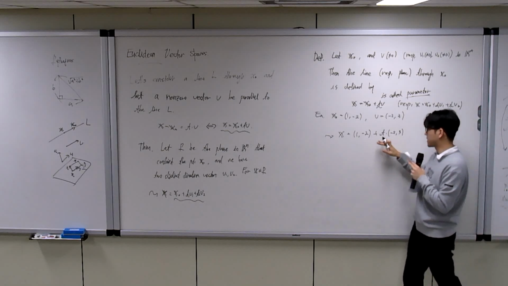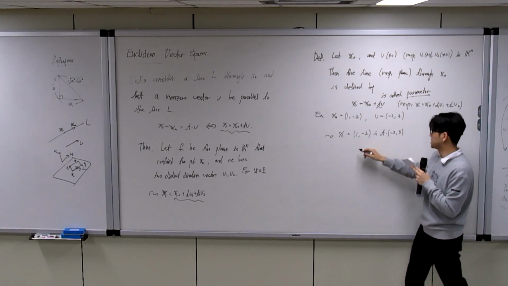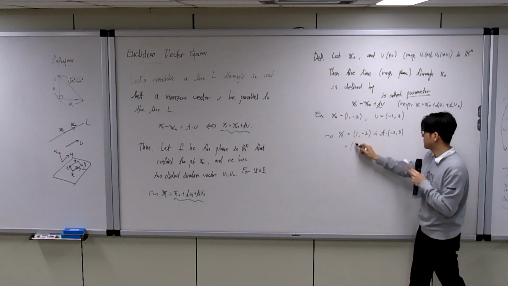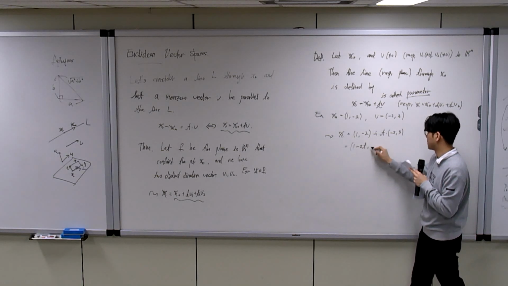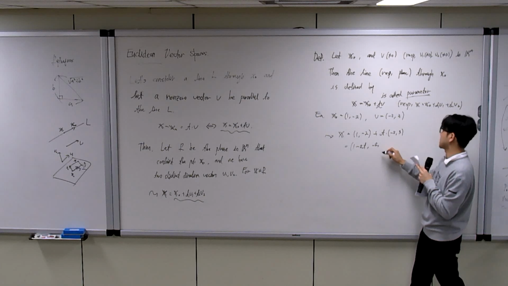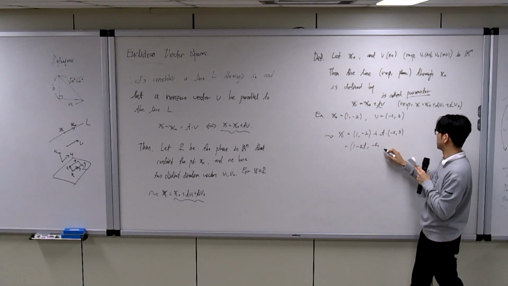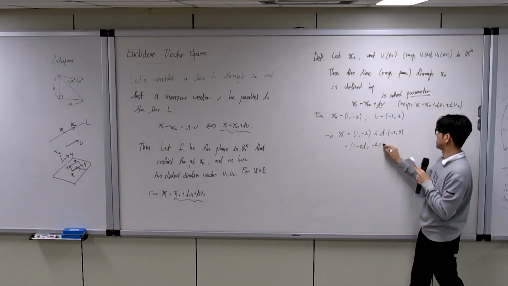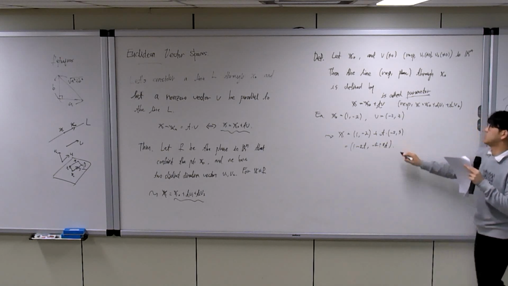By using parameter t, we can write this, and by calculating it, we can get the vectors x equals (1 - 2t, -2 + 3t), like this.